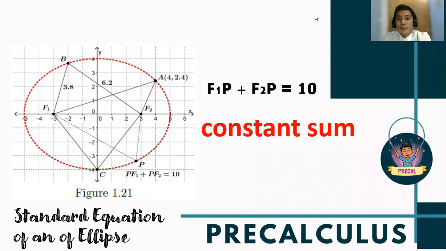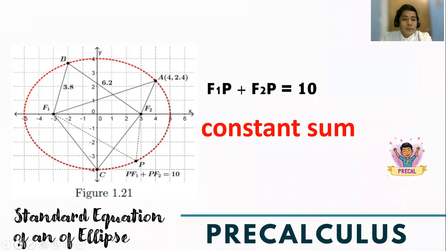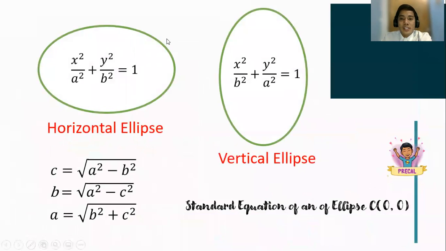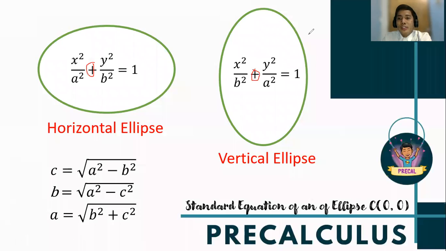Since we have a constant sum, the formula of the standard equation of an ellipse also follows the pattern of a sum. Observe. The standard equation of a horizontal ellipse is x squared over a squared plus y squared over b squared equals 1. On a vertical ellipse, we have x squared over b squared plus y squared over a squared equals 1.